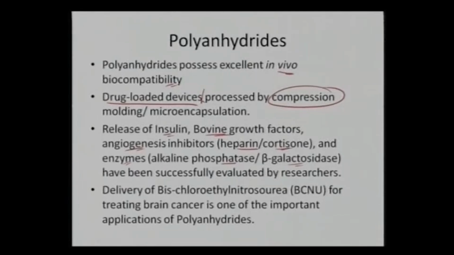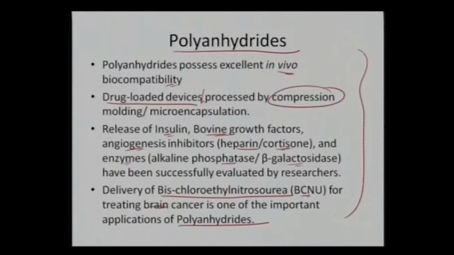And one of the essential applications of polyanhydride is in brain cancer treatment, with the delivery of BCNU, that is bischloroethyl nitrosourea, which is utilized for treating brain cancer, and that has been successfully tested using these polyanhydrides. So that is one of the very essential applications of polyanhydrides.